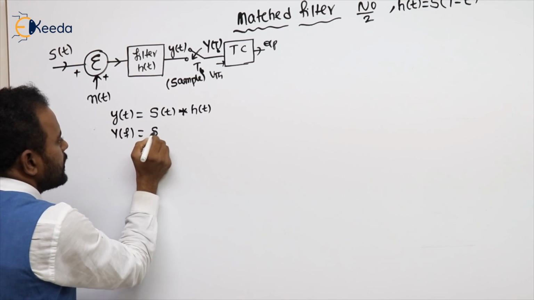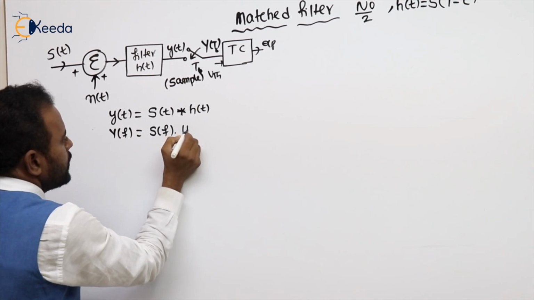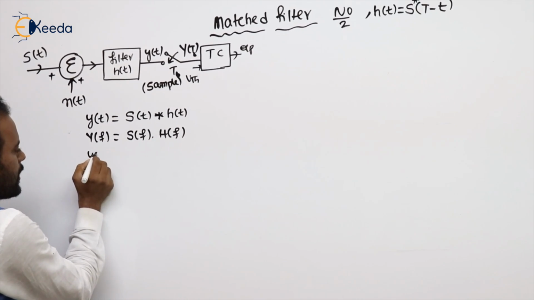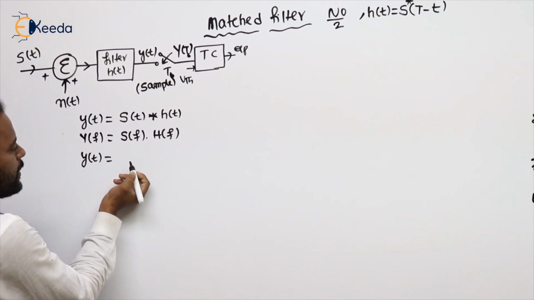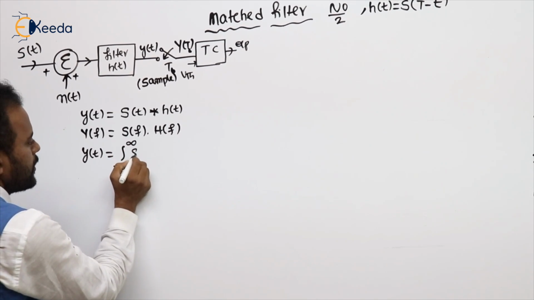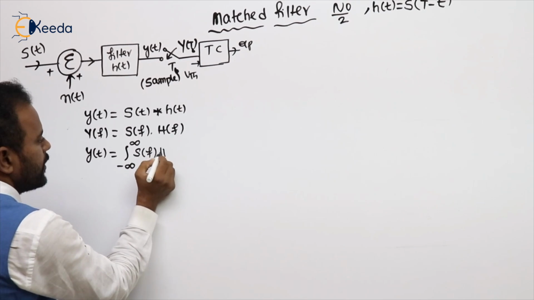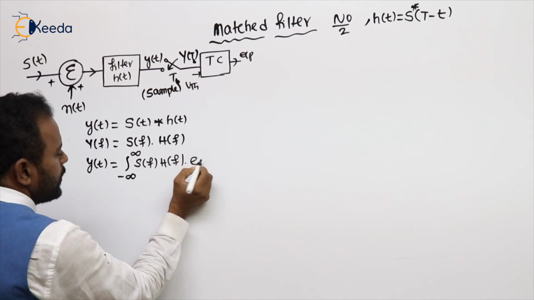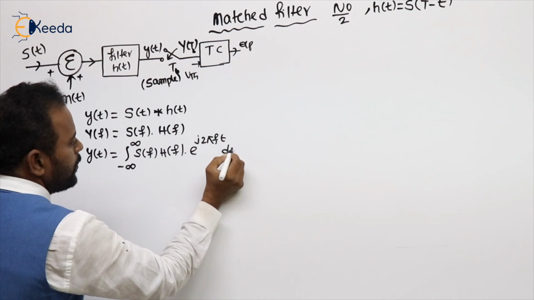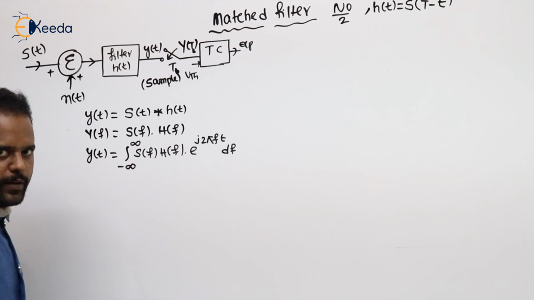Y of f is nothing but S of f into H of f. Now from here one more time I am bringing y of t. Y of t is nothing but inverse Fourier transform, integral minus infinity to plus infinity S of f into H of f into e power j 2 pi f t df, in the frequency domain.